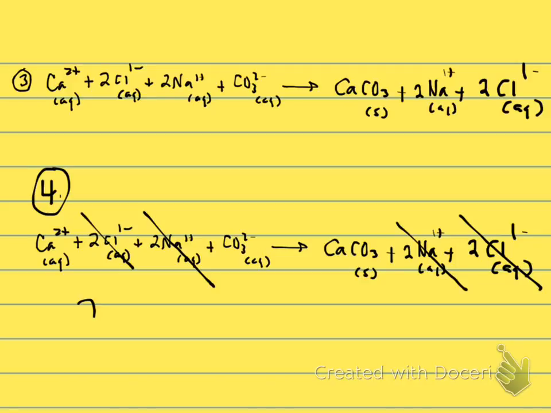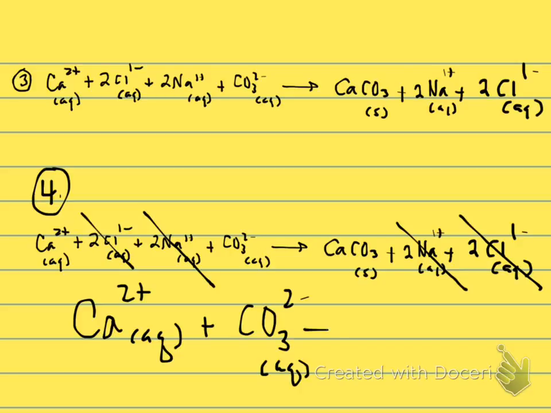And so our final step, our net ionic equation, is going to be calcium 2+ aqueous plus carbonate 2- aqueous yields calcium carbonate as a solid. That's a net ionic equation. That's it. That's not that hard, is it?